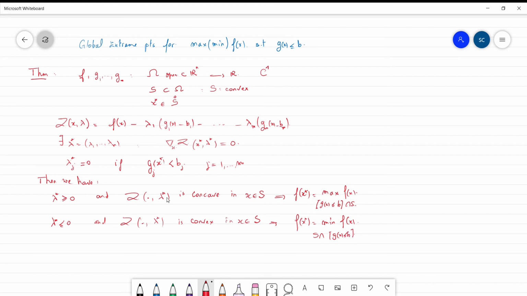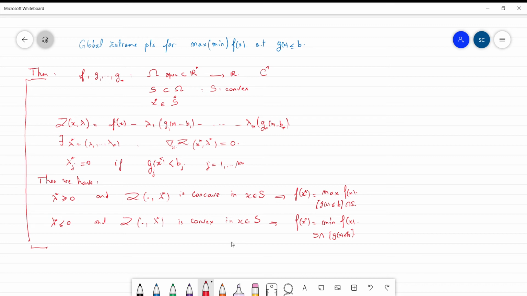Okay, so this is our theorem, and the proof is similar to the one we did when we had equality constraints. You just pay attention to the small details, the positivity, the concavity, etc.